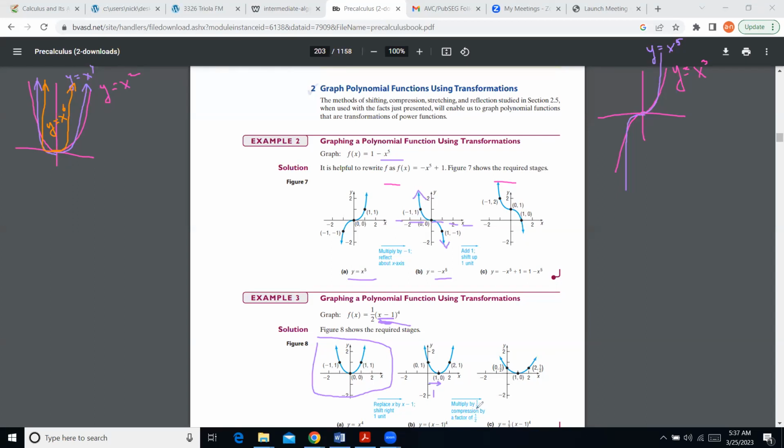And also if they multiply by 1/2, then this parabola starts to be wider. So if they multiply by a number smaller than 1, the function expands, people say. And if it's a number greater than 1, then the function contracts. But the shape of it is still analogous to the original one.